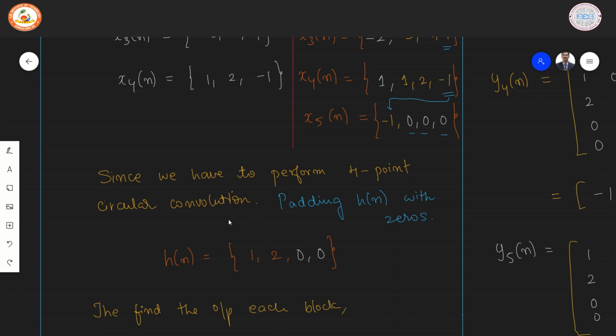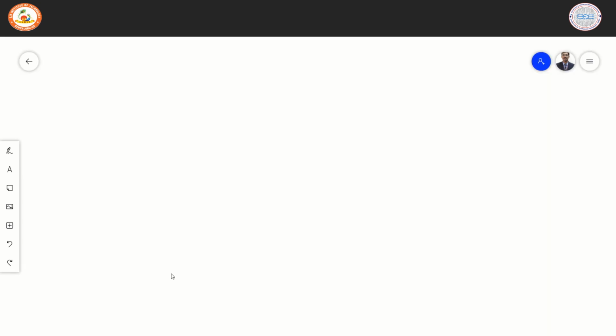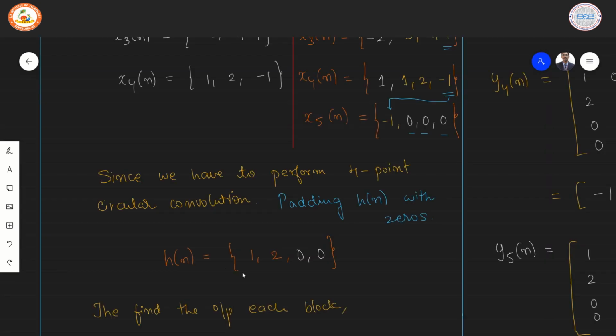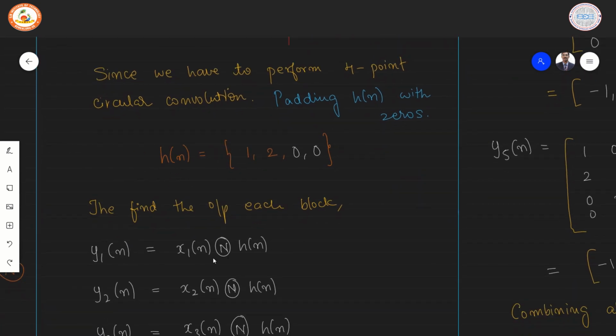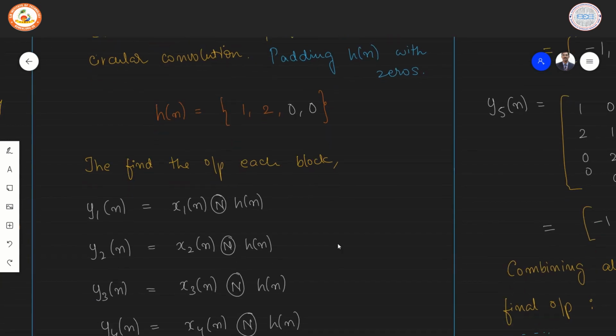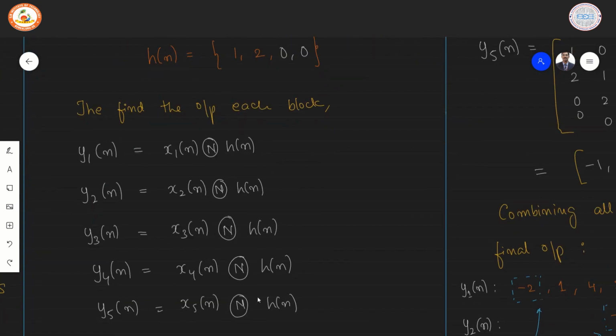To prepare the data for convolution, we have to make h of n to be equal to length n. So we pad two zeros so that it is also of length n. Now we can proceed for circular convolution. To find the output of each block, we have to perform convolution of the block with the impulse response. So here we are expected to do 5 convolutions.